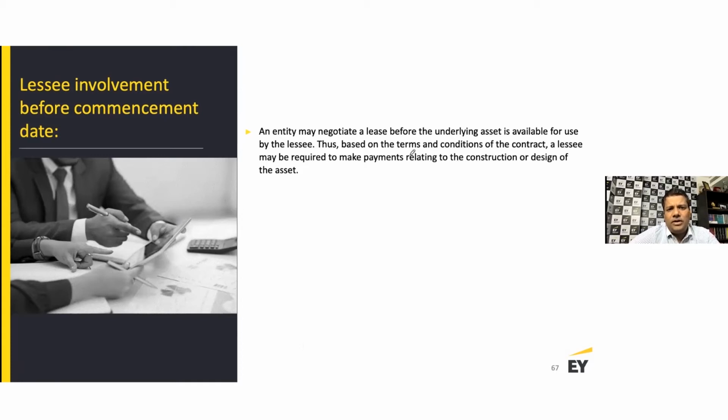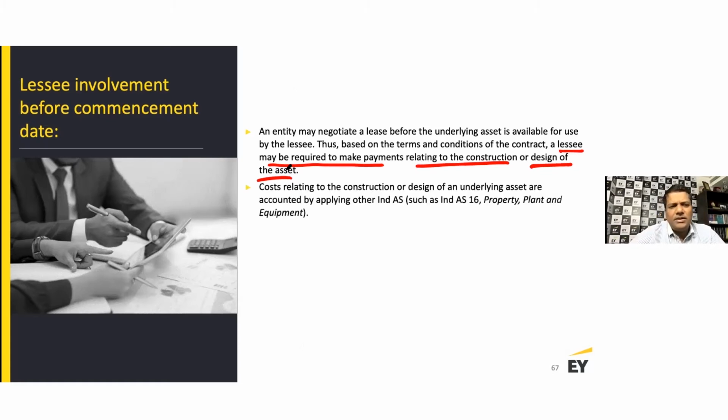Thus, based on the terms and conditions of the contract, a lessee may be required to make payments relating to the construction or design of the asset. We do experience this in some scenarios.